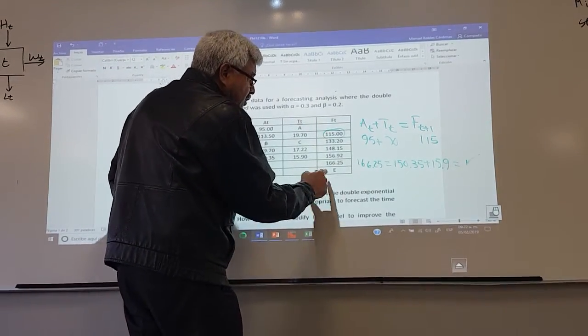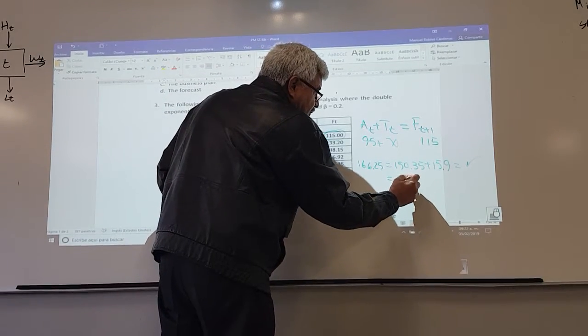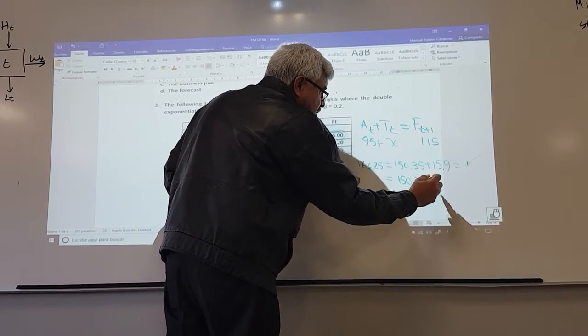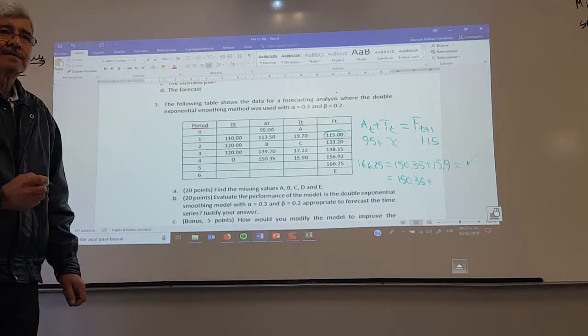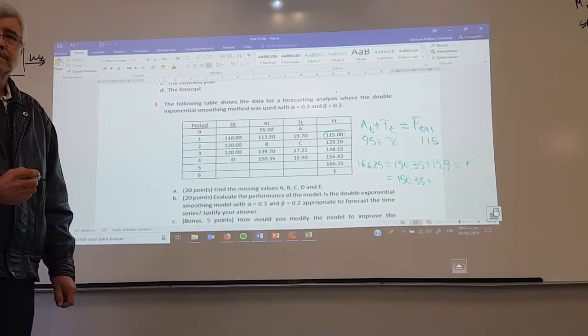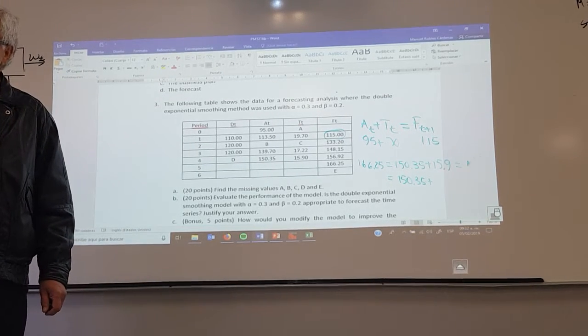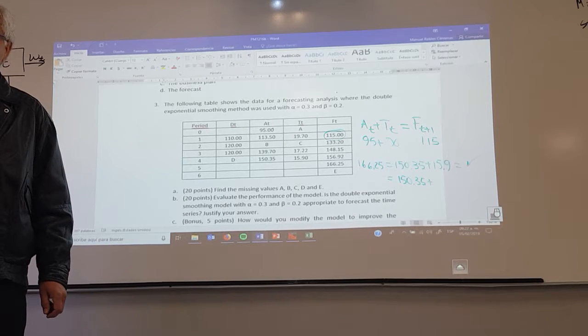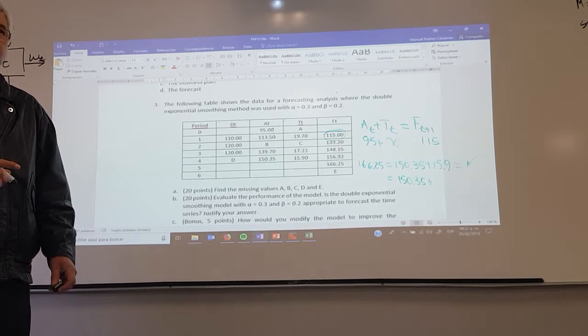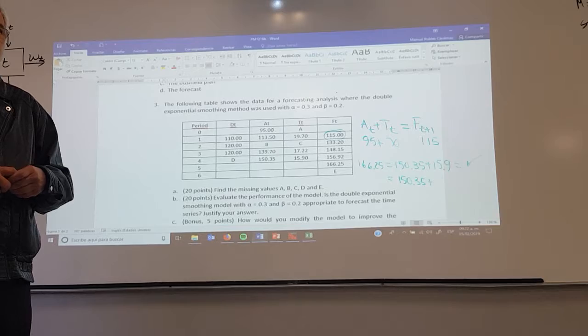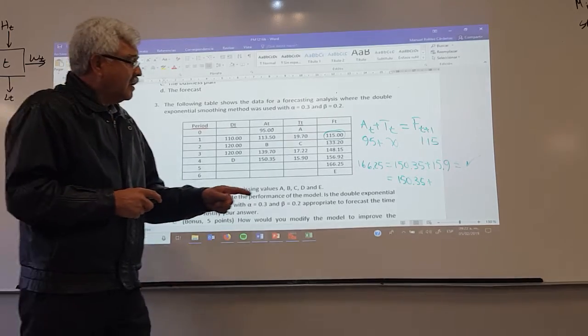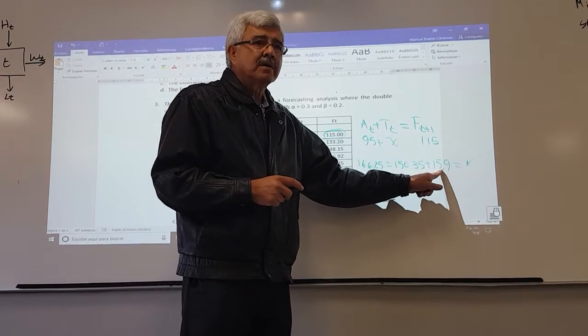Now, how can I compute this? It's equal to 150.35 plus, you have the formula, because I gave you the formula. 150 plus. Okay? This is a slope.